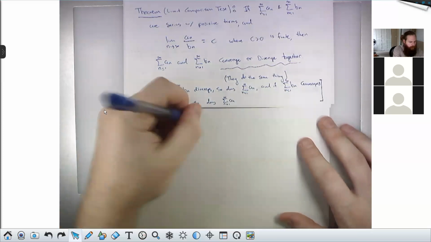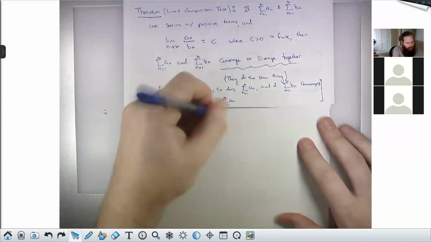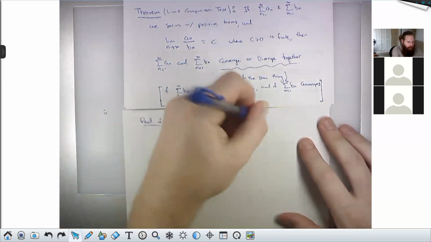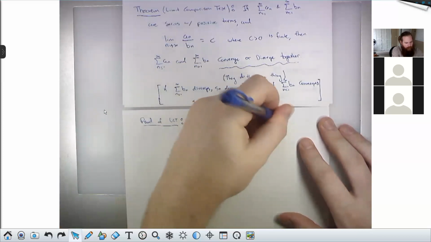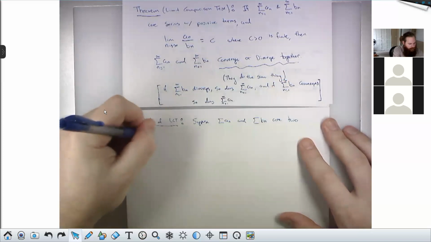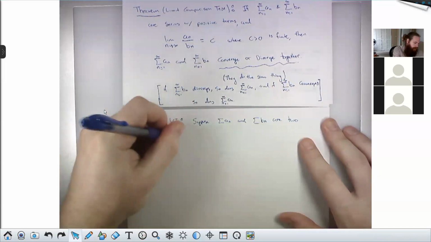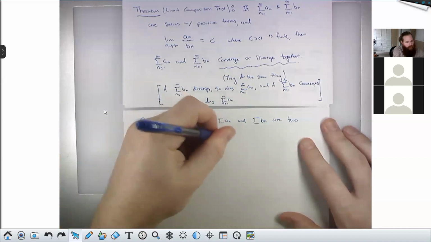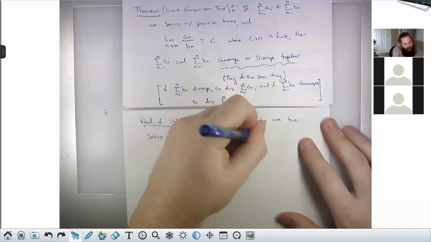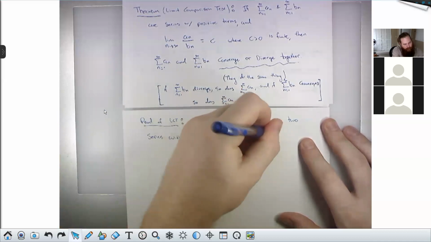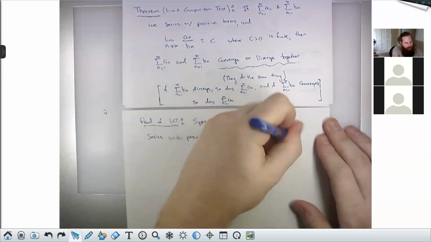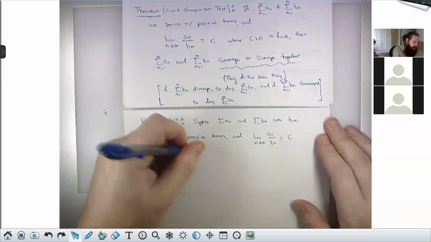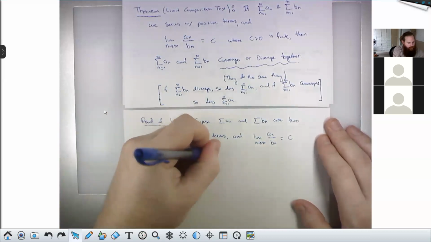All right, so suppose sigma An, I'm not going to write the bounds, I'm tired of writing the bounds, and sigma Bn are two series with positive terms, and that the limit as n goes to infinity of An over Bn is equal to C, where C is positive, meaning not 0, not negative, and finite.